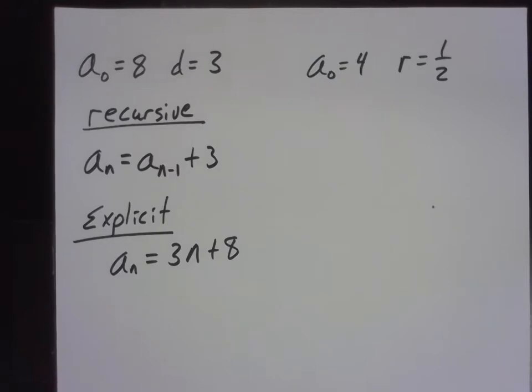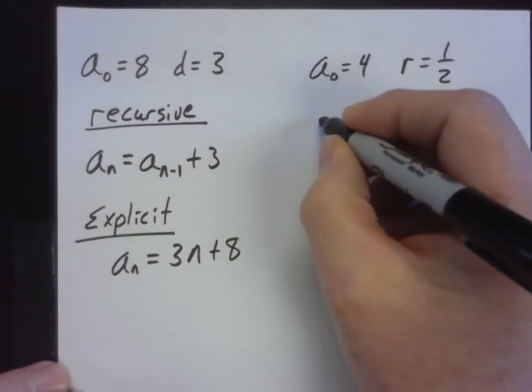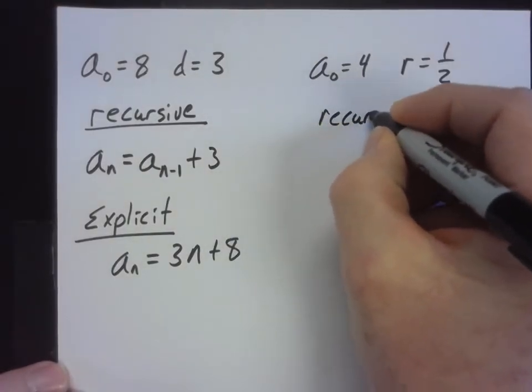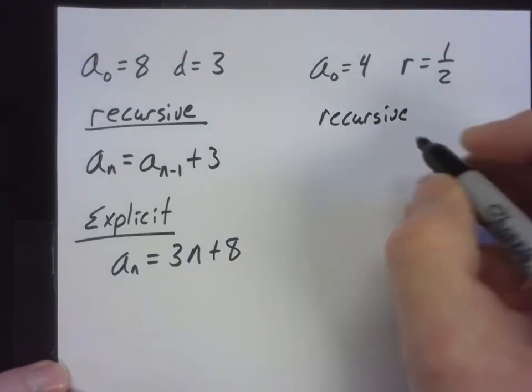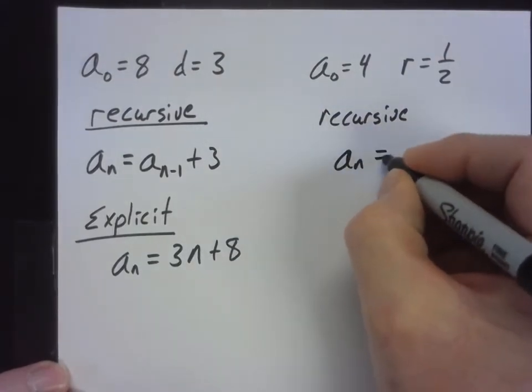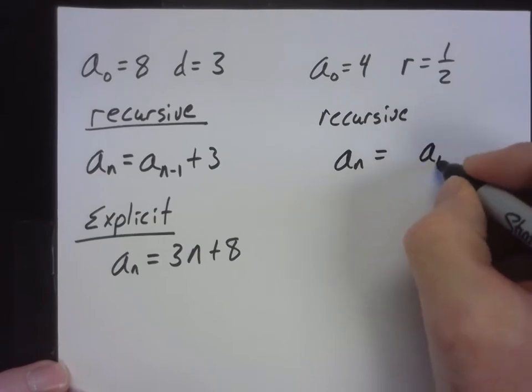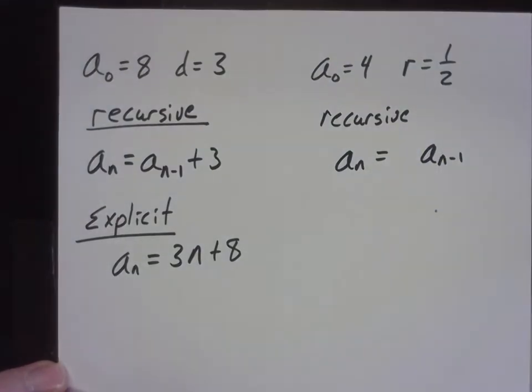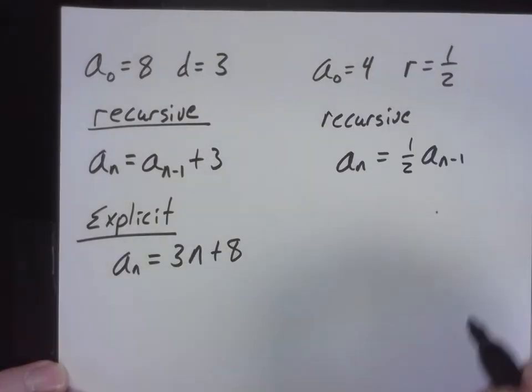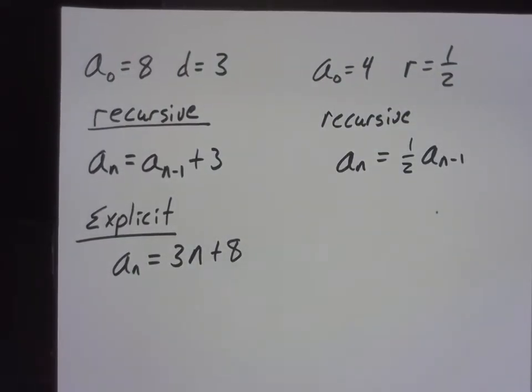The one before it. Okay, that's right. So the recursive rule would be a sub n is the one right before it, and what do I have to do with the one right before it? Multiply it by half. So that's the recursive rule. That's how I get the next one in the series.